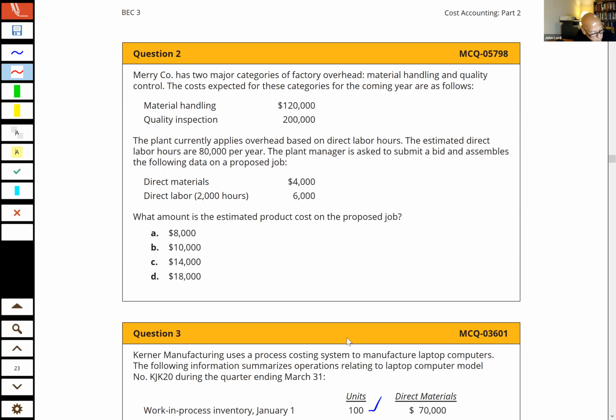I'm going to give you 10 seconds. Okay, so I gave you about 3 minutes on that question. Does the poll show you the time? No? Okay, so it took us about 3 minutes.